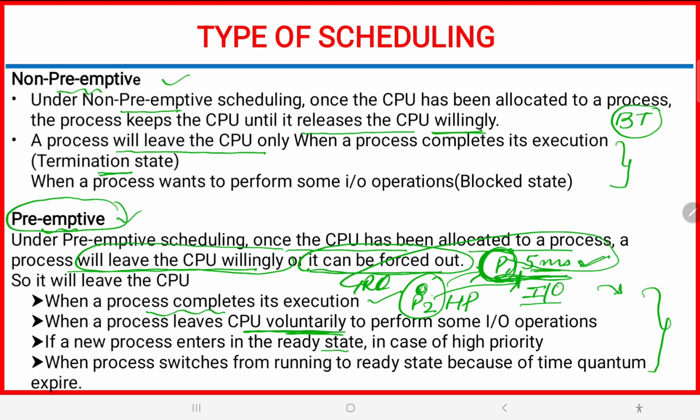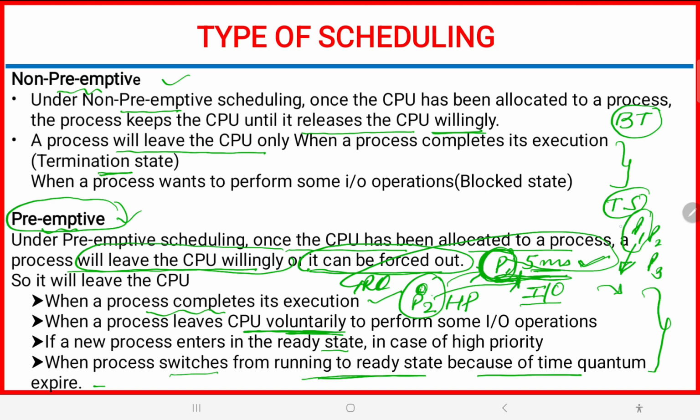So here the process is forcefully asked to leave the control, and this is permitted as the scheduling over here was preemptive. Another possibility is that a process switches from running to ready state because of time quantum. Suppose we were working in a time shared environment, and in a time shared environment each process is given an equal amount of time in one go to execute with the CPU. Suppose P1 was executing and the quantum of time which was set for this system has elapsed. In that case, P1 has to leave the control of CPU because its time period has elapsed.